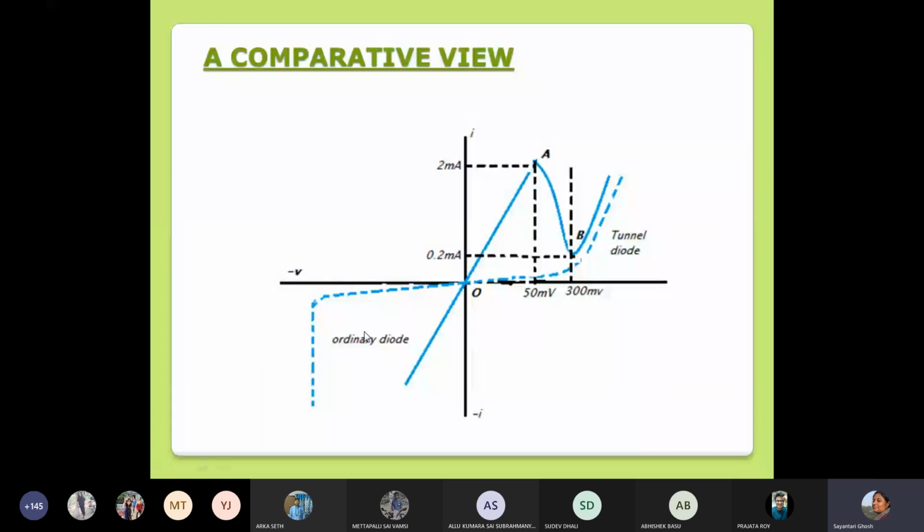This is a basic idea about the numbers of the valley voltage, the peak voltage, the valley current, and the peak current. I will stop at this point for today, and I will give you some time to study this and understand how a tunnel diode works. If you have any questions, you can ask away.